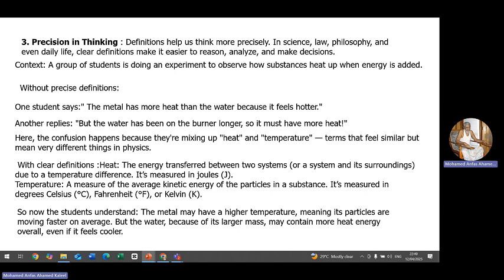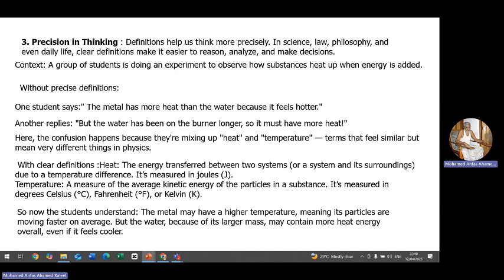Let's say a group of students is doing an experiment to observe how substances heat up when energy is added.